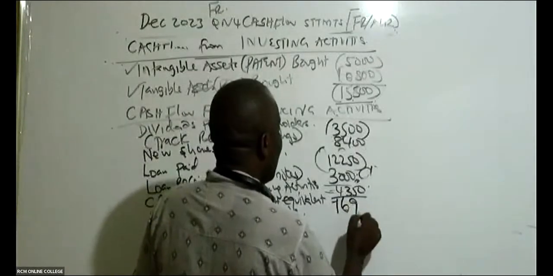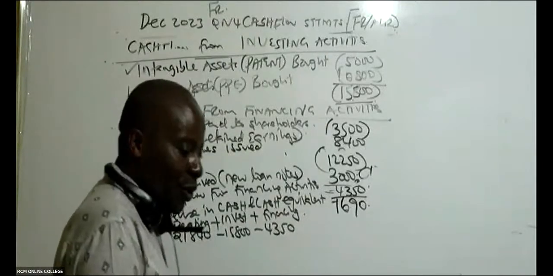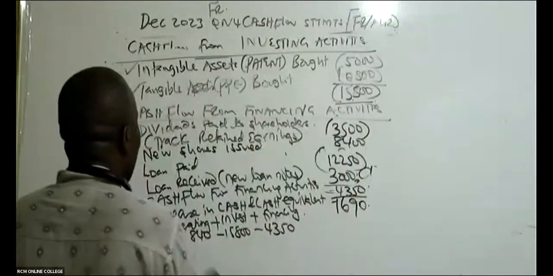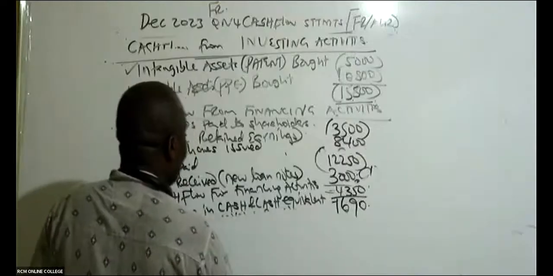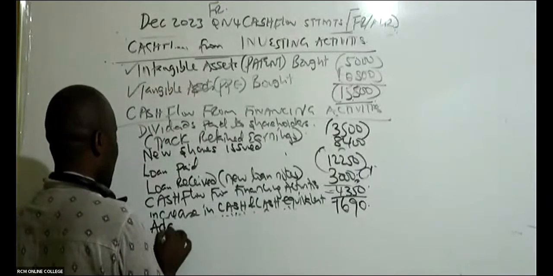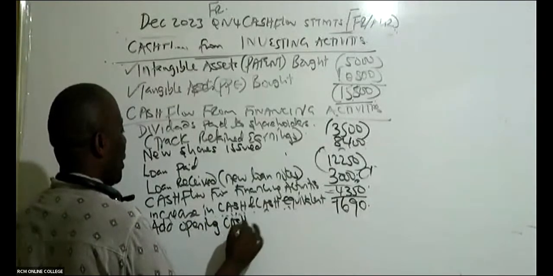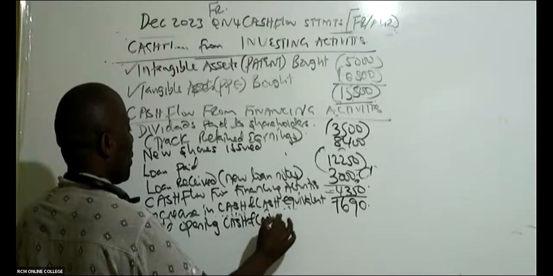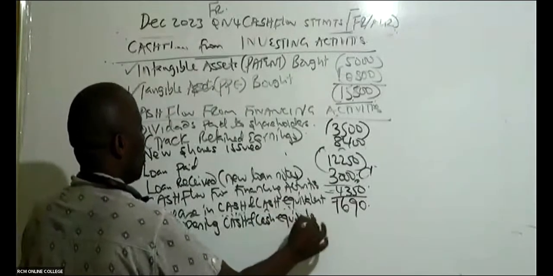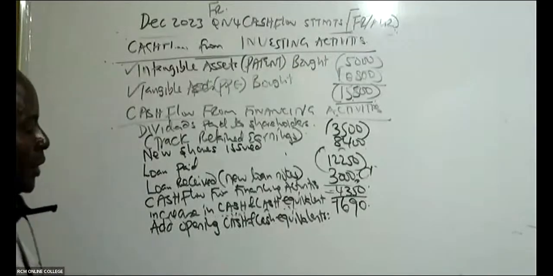So then once you get this 1690 as your cash and cash equivalents increase, you shall be able to bring forward the opening cash. So in this case, you add opening cash and cash equivalents.